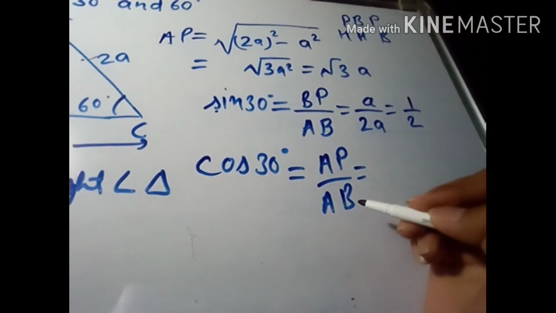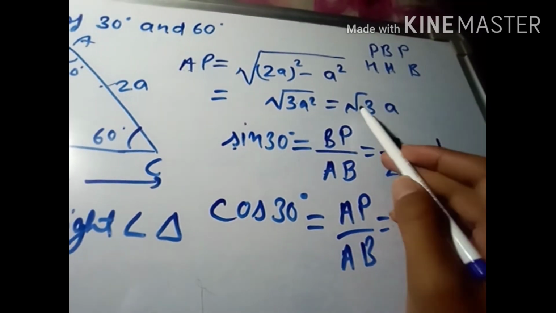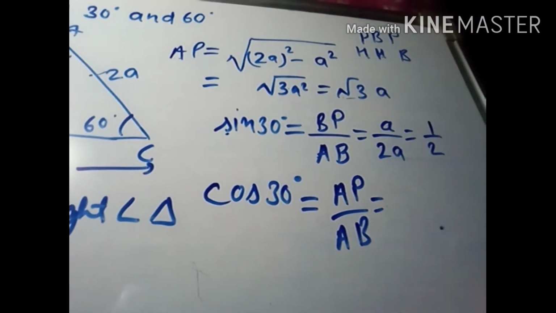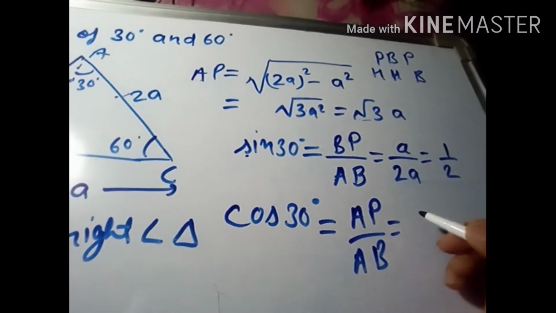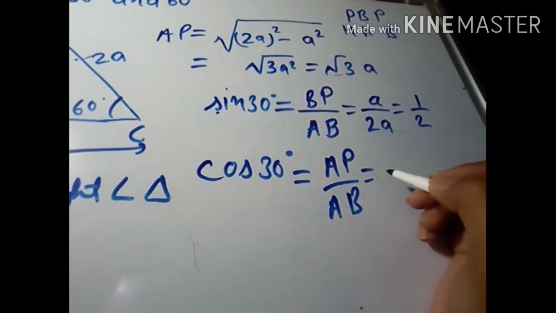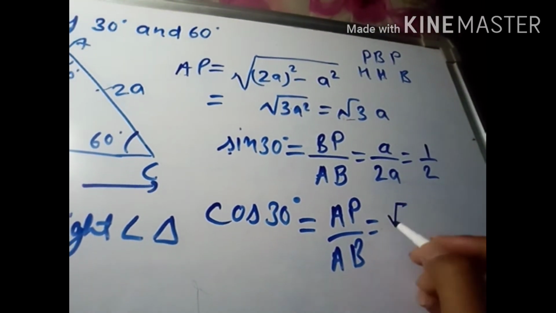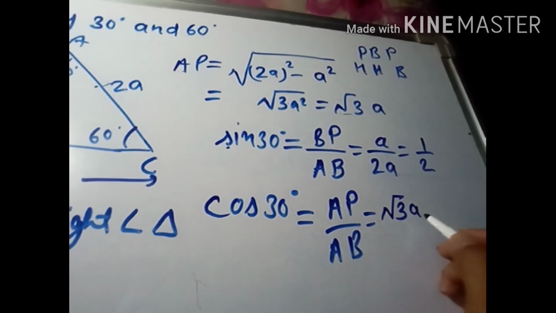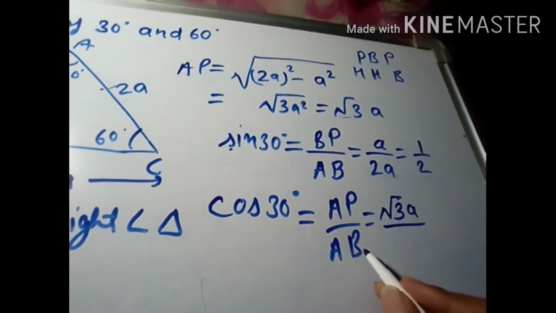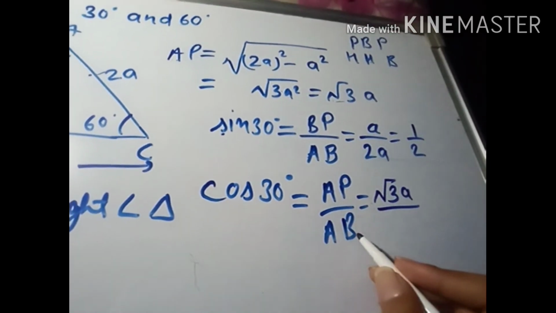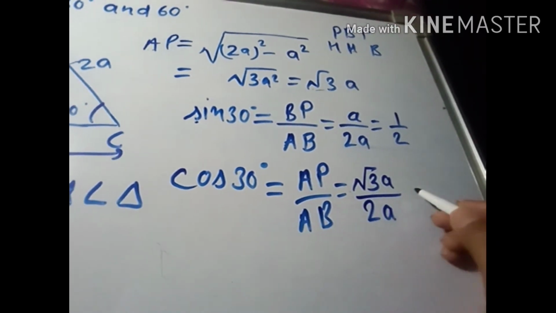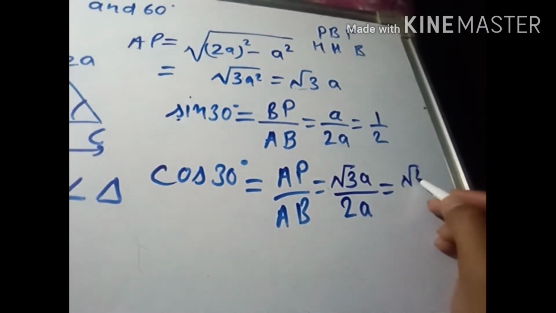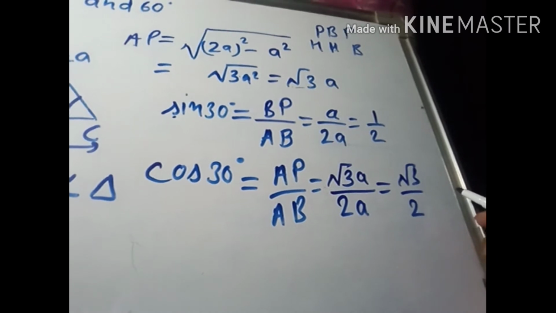Then AP upon AB. The value of AP you calculated here, root 3a. Understand? And thereafter, the length of AB is equal to 2a. So this gives root 3 by 2.